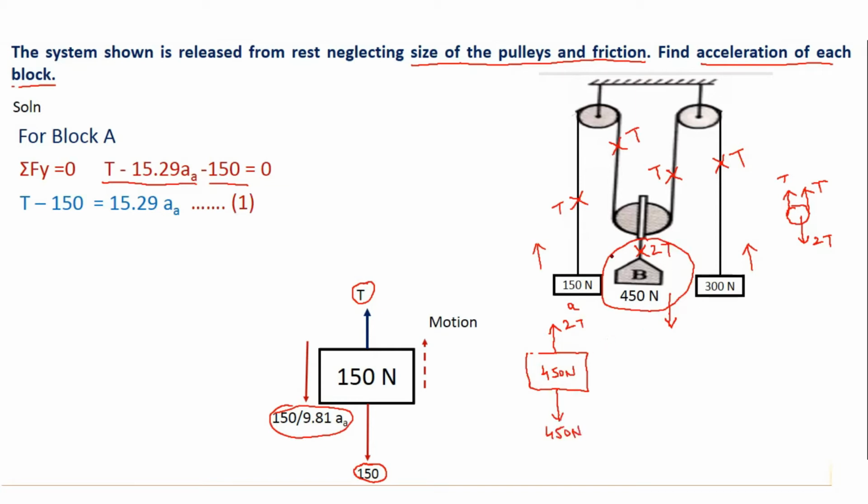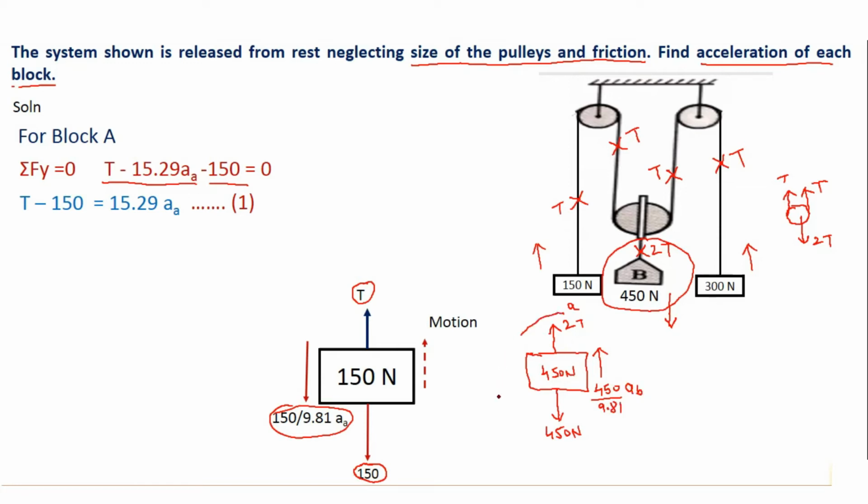Then as this body is not in contact with any surface, there will be no contact reaction and there will be no friction force. Now next is to show the inertia force or the imaginary force. As this body is moving downward, the inertia force will be upward with a value 450 divided by 9.81, because I need mass here, times acceleration of B.